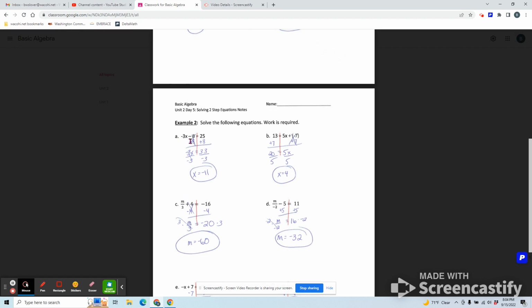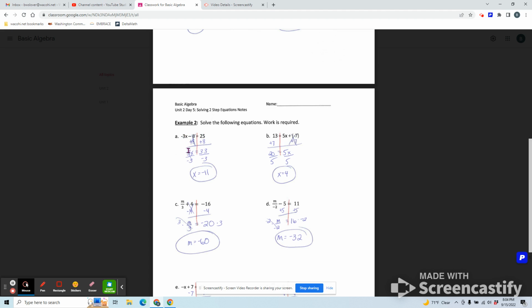Negative 3x minus 8 equals 25. I put that fence in there, so I know the negative 8 and the 25 are on different sides of that line, that fence. I cannot combine them. So since this is subtraction, I want to add 8 to both sides of that equal sign. Negative 8 plus 8 becomes 0, so that's why it's crossed off.